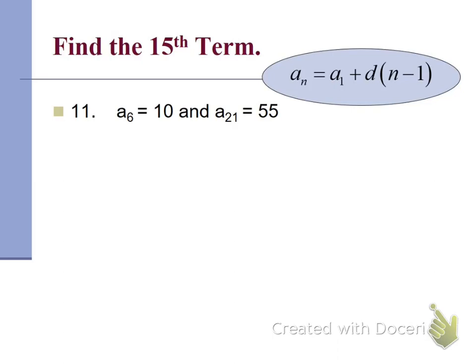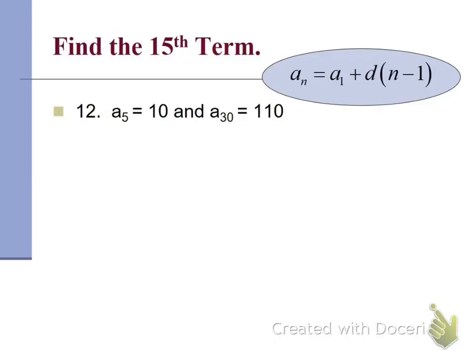So it's the same process here. I went 55 minus 10 over 21 minus 6. Got the difference was 3, and then I found the 15th term by just taking this term plus 9 more times 3.